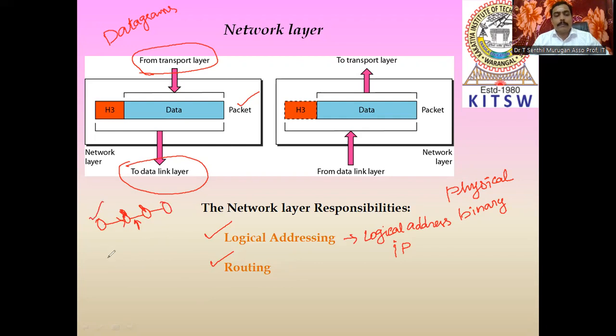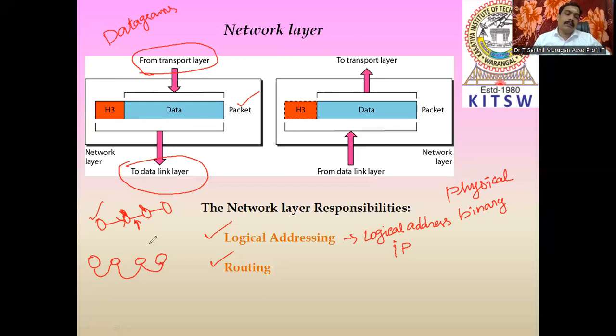This process happens in the data link layer. But the network layer has full responsibility to take the information from source to destination. The information goes, and whether it has reached properly is checked, then it goes again, and finally it reaches the destination.